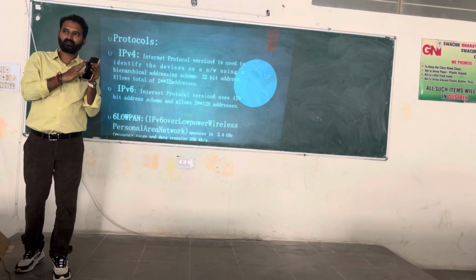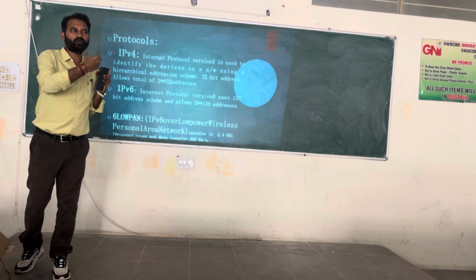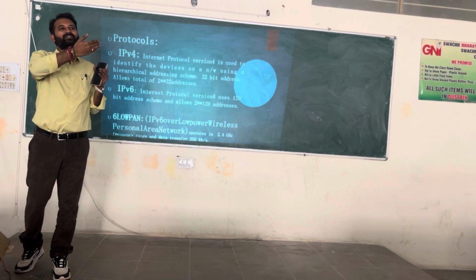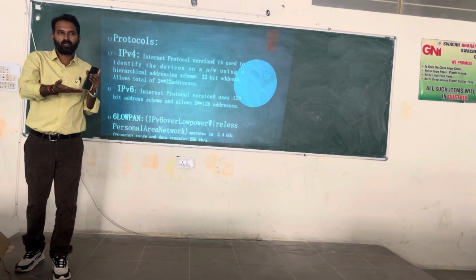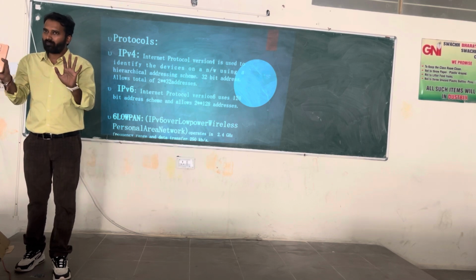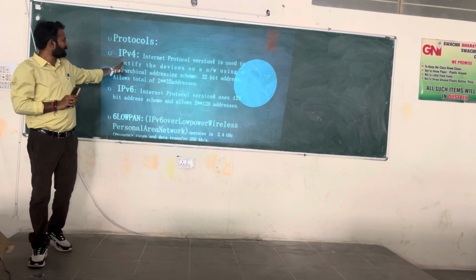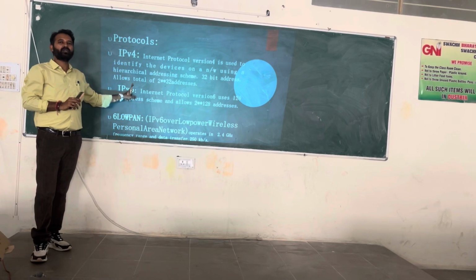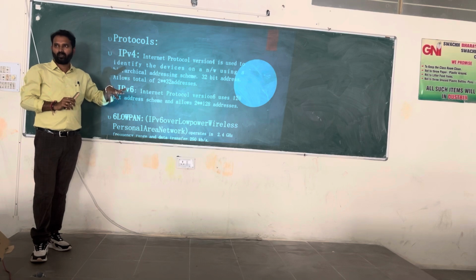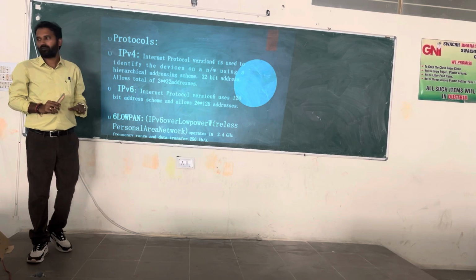When you type something on Google, you are requesting the server, and in response the server gives answers or an acknowledgement. Both should have a particular address. That can be done by either IPv4 or IPv6. Currently we are using IPv6, and I will tell you why.